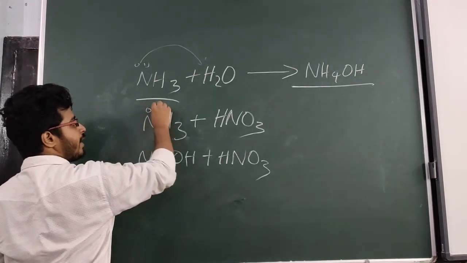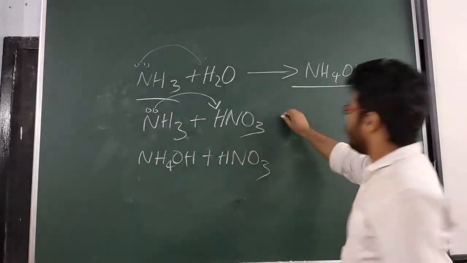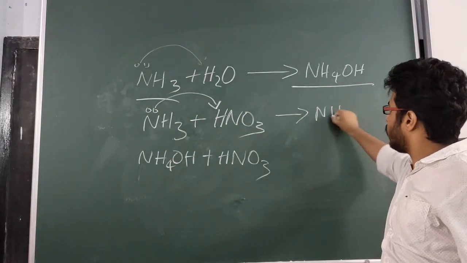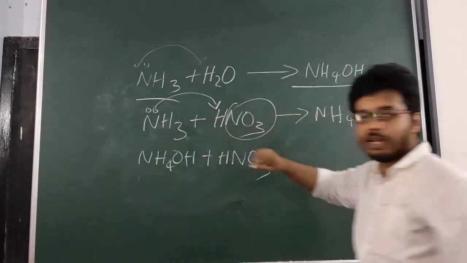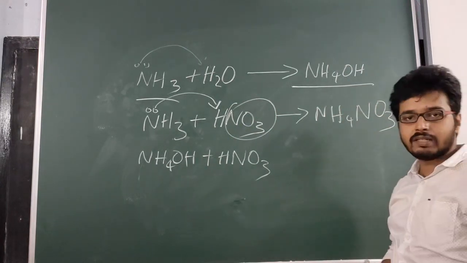Ammonia has a lone pair, so it will abstract the hydrogen. When ammonia gets one more hydrogen, it becomes NH4 plus cation, and whatever is remaining is NO3. So it will form ammonium nitrate.